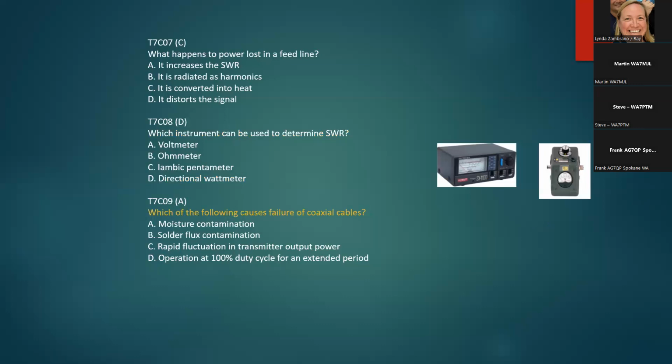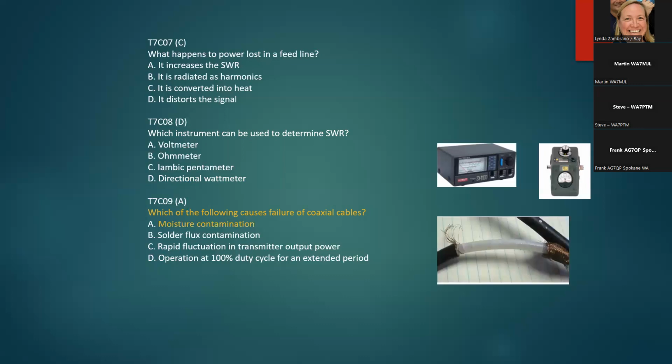C9, which of the following causes failure of coax cables? Of the possible answers here, the correct answer is moisture. Moisture is the bane of coax cables.